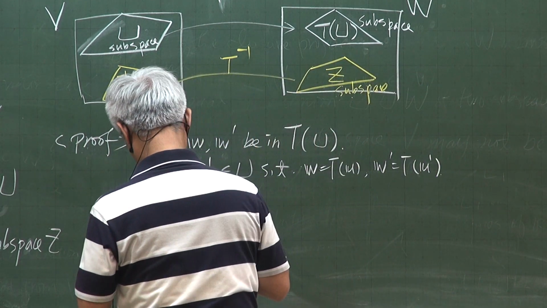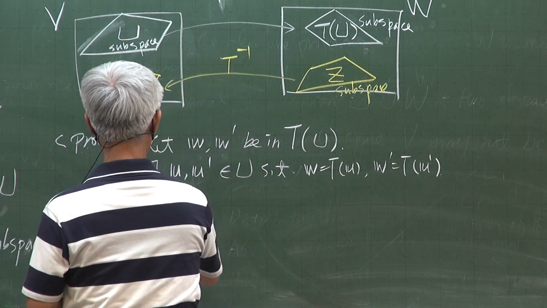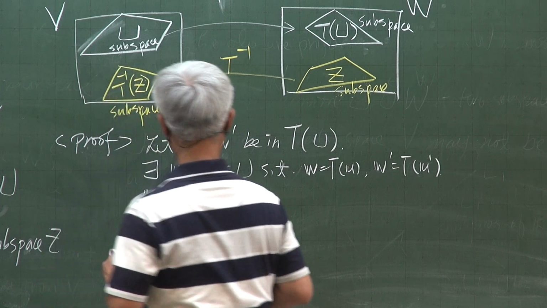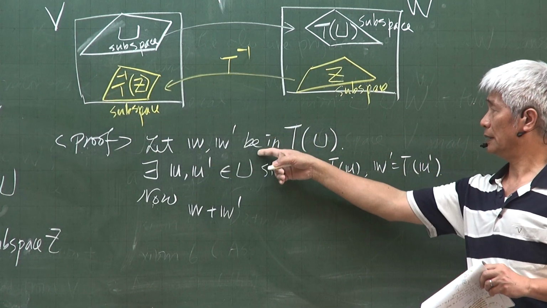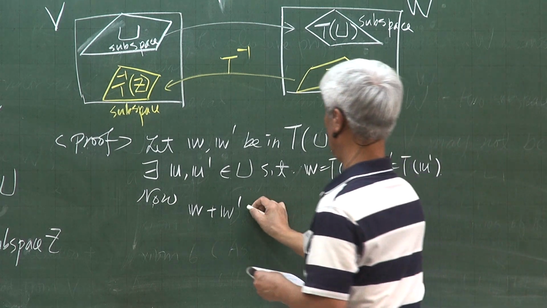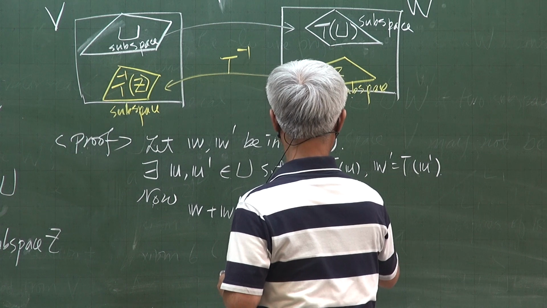So now we check the sum of these two elements in the image of U. And this is T(u) plus T(u prime).